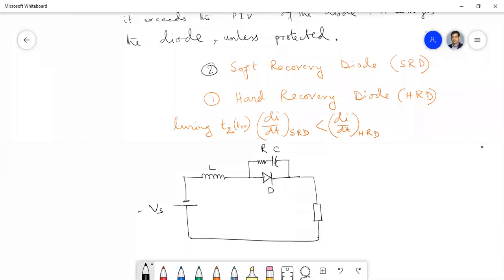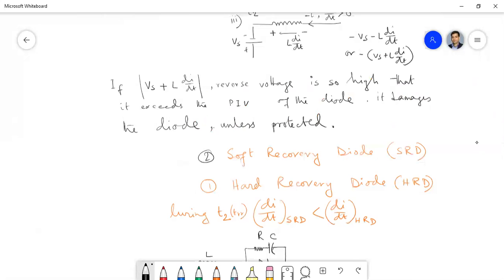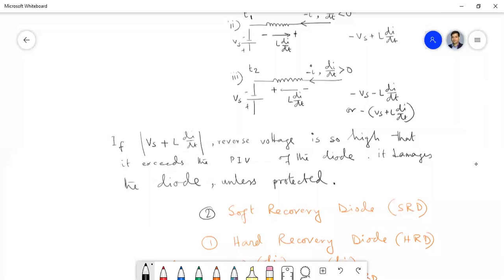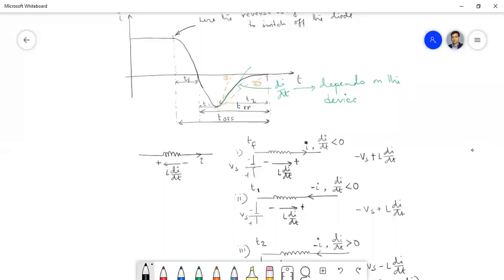Why does it take the reverse recovery time? That is when the current flows in the negative direction, some charge is formed. To discharge that charge, it takes the t2 time.